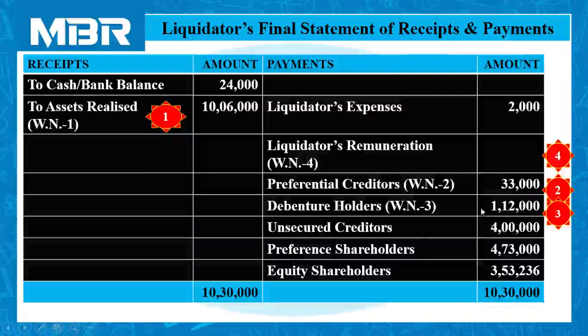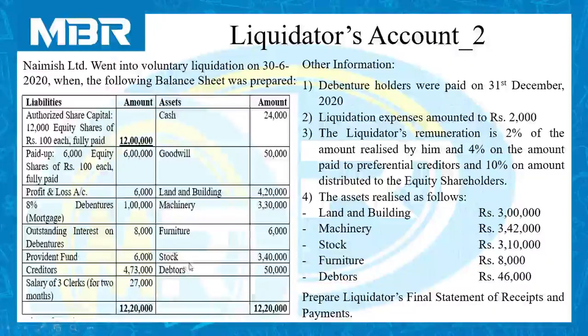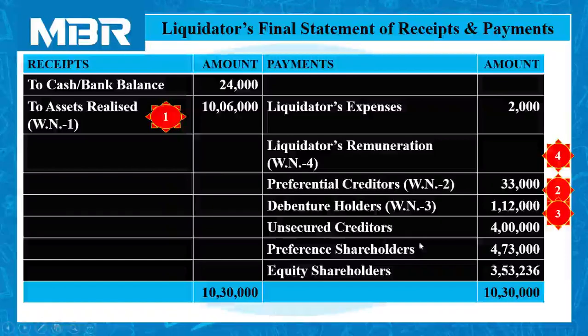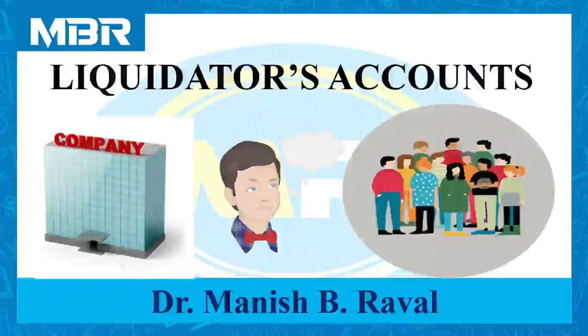Now we have to transfer these 1,12,000 to the liquidator's final statement of receipts and payments, and we have to record on the payment side debenture holders rupees 1,12,000. Then, on unsecured creditors, now it is time to pay unsecured creditors. Check the liability side of the balance sheet.